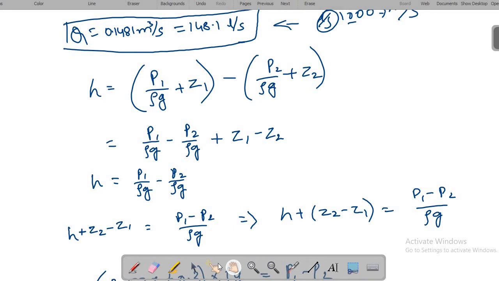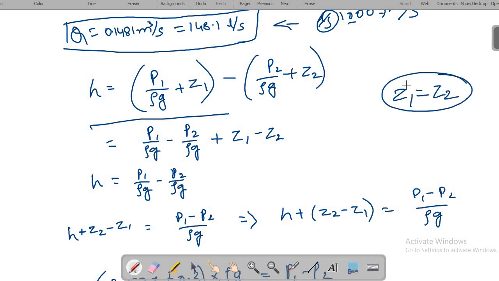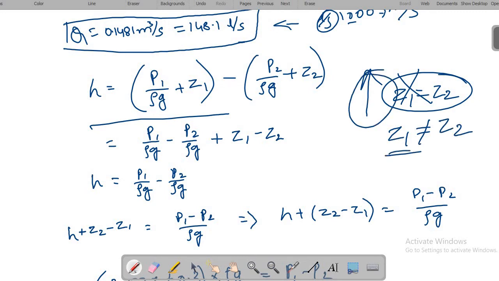The pressure difference is to be calculated using this relation. In the previous case I was not using Z1 and Z2, because in the horizontal case Z1 is equal to Z2. But here it is vertical, so Z1 will not be equal to Z2. We have the difference Z2 minus Z1 as 30 centimeter.